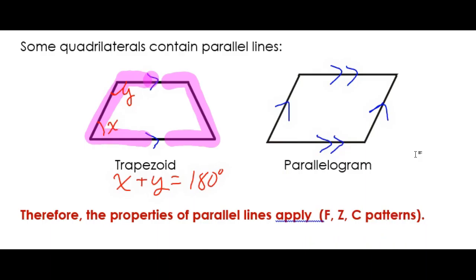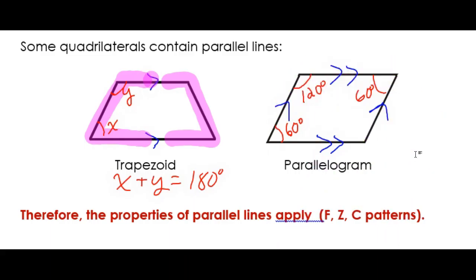Okay? So what that allows us to say is that if I know the measure of this angle right here, let's give it a value, and maybe this will make it a little bit more real for you. Let's say I'm just going to pick an easy number, 60 degrees. Then I know that the value in here, along with the 60 degrees, has to add up to 180 degrees. So that's my C pattern. That tells me that this angle right here is 120 degrees. Well, remember that we said that there's a C pattern here as well, and so that tells me automatically that this little angle here is also 60 degrees.